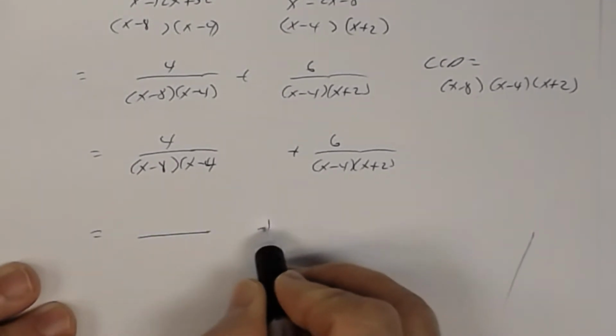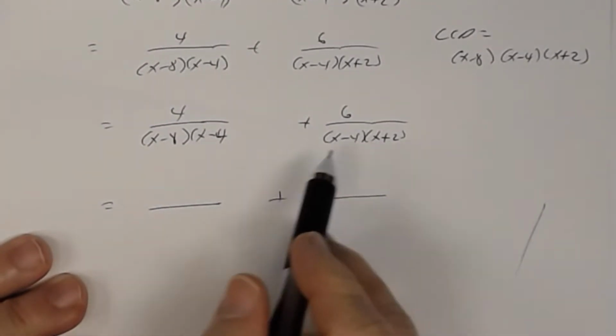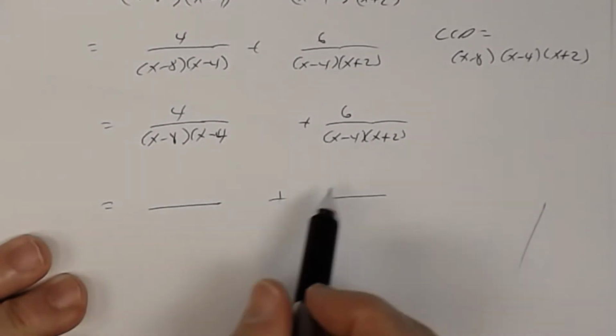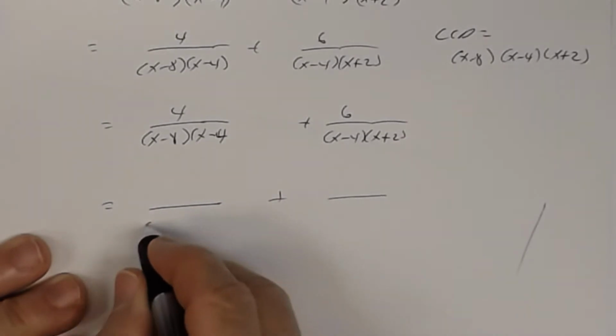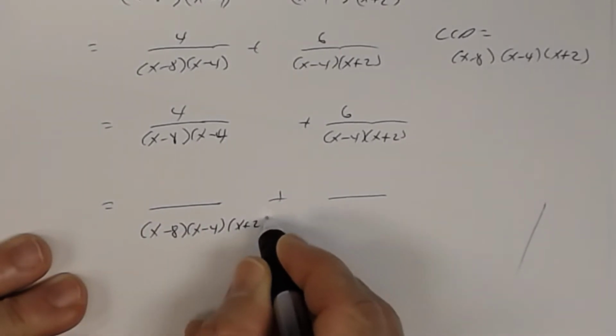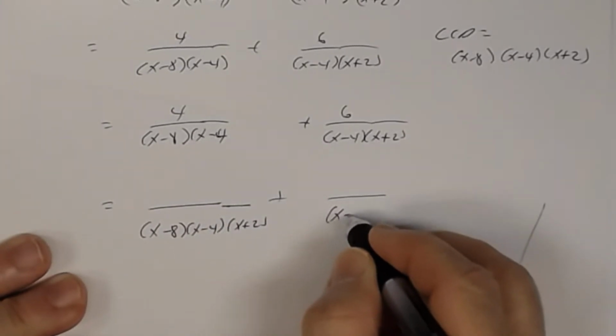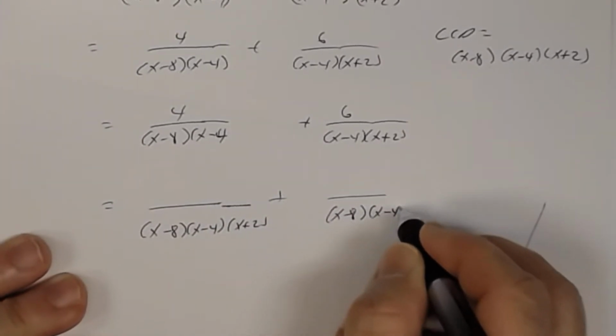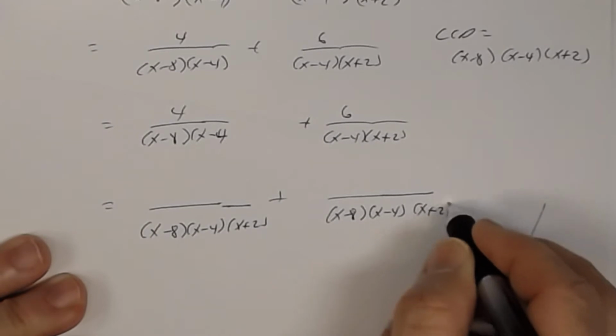Notice I'm rewriting this and then putting the LCD next: x minus 8, x minus 4, x plus 2, and x minus 8, x minus 4, x plus 2.